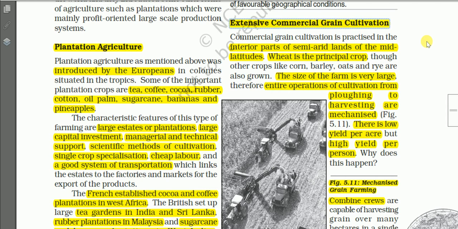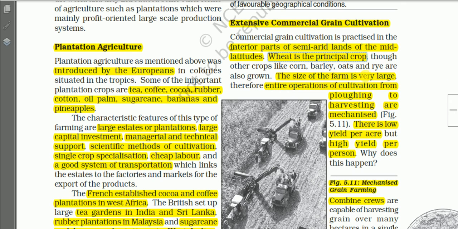Commercial grain cultivation is practiced in the interior part of semi-arid lands of mid-latitudes. Semi-arid means semi-desert lands where the rainfall is between 25 to 75 centimeters. Wheat is the principal crop. Remember, an important feature is that wheat is the most important crop.